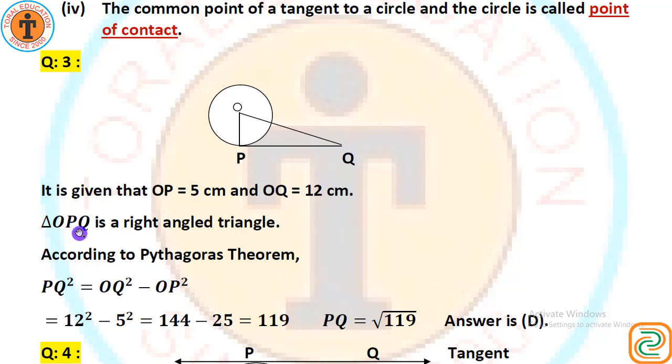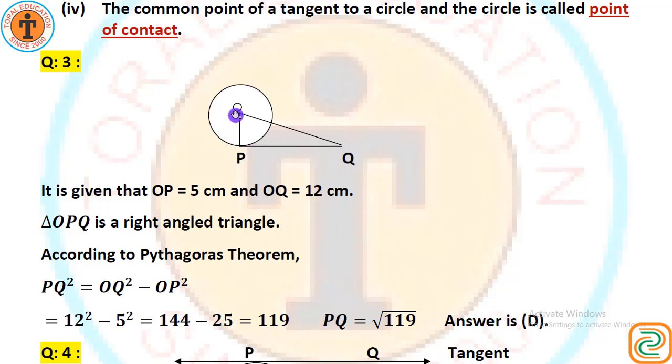Therefore, in triangle OPQ, according to Pythagoras, PQ square equals OQ square minus OP square. Here OQ is the hypotenuse. According to the Pythagoras theorem, the square of the hypotenuse equals the sum of the squares of the other two sides, right?